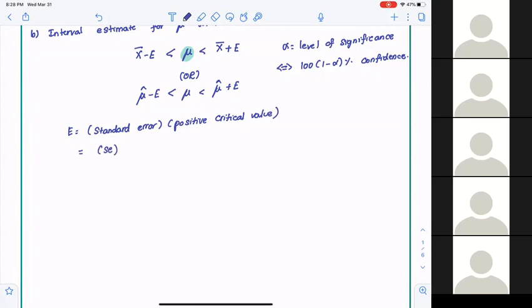The positive critical value in this case, I'm going to denote as T sub 1 minus alpha over 2, comma, df. I will explain those in a second. So SE, T sub 1 minus alpha over 2. The df here is always n minus 1.